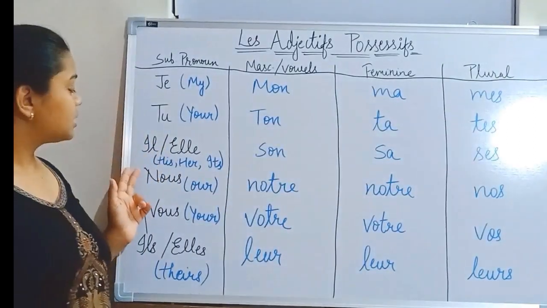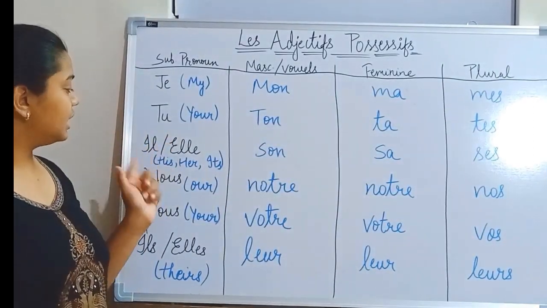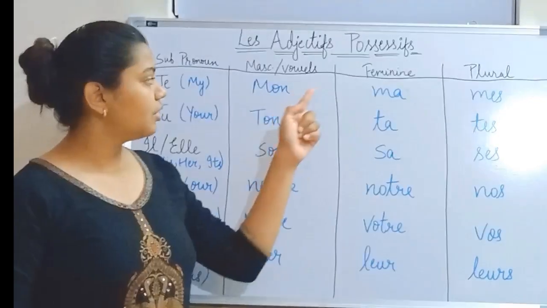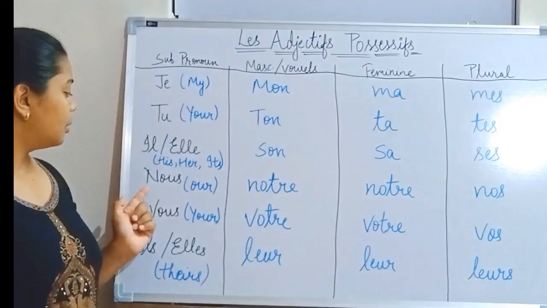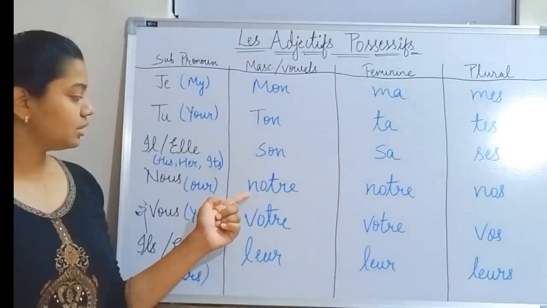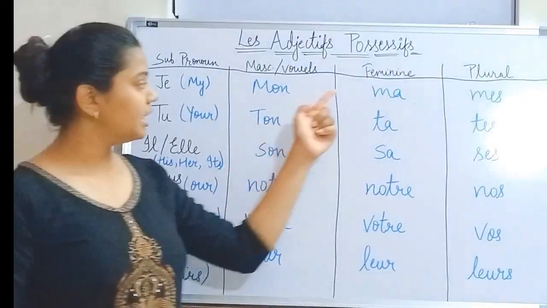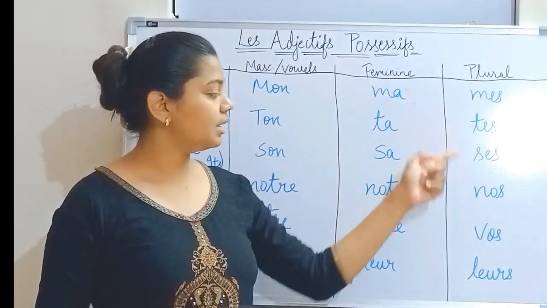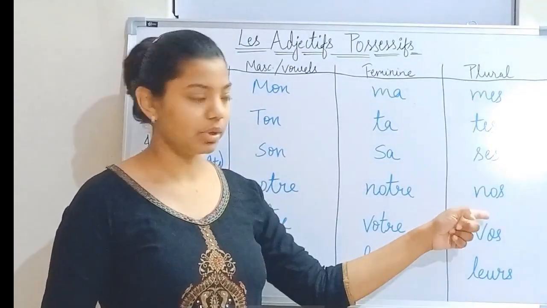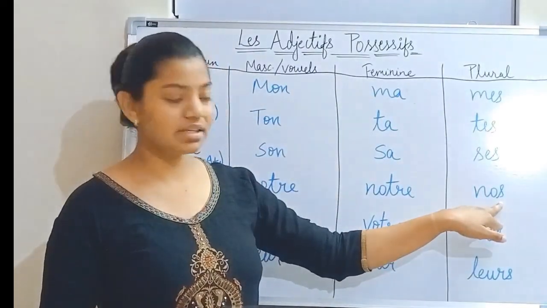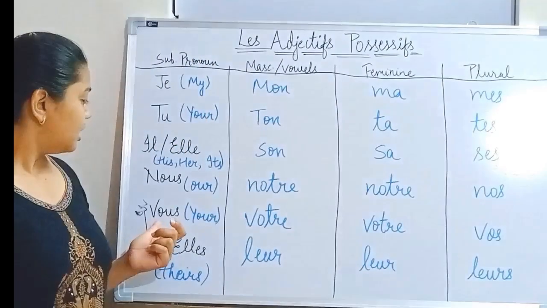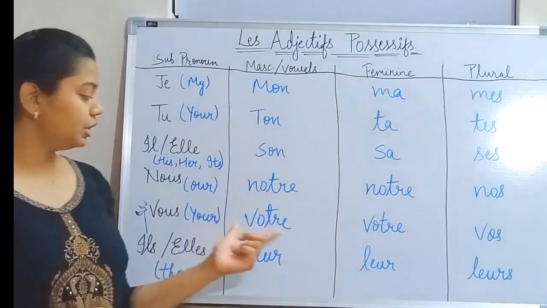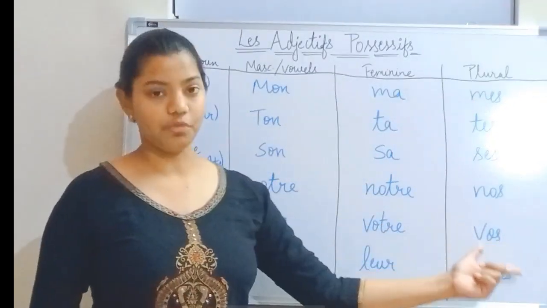Okay. So likewise with il, elle we use son, in feminine sa, and in plural ses. With nous, masculine notre, in feminine notre, and in plural nos. Okay, here the s is silent in pronunciation. And with vous we use votre, vos.